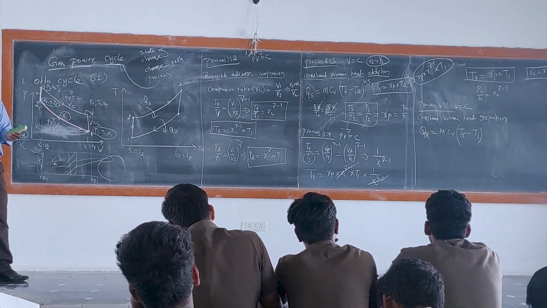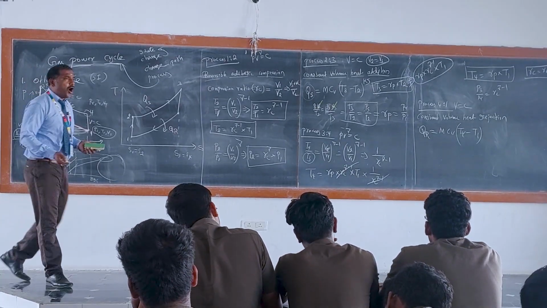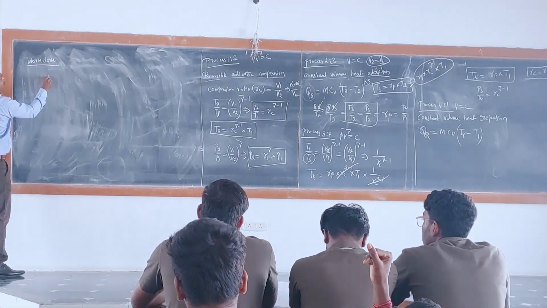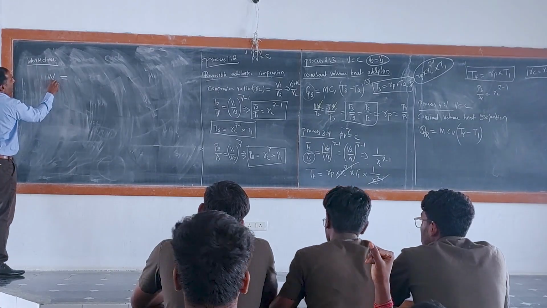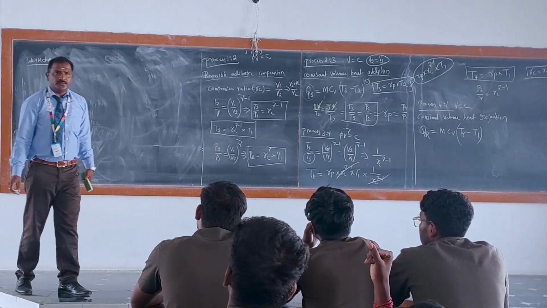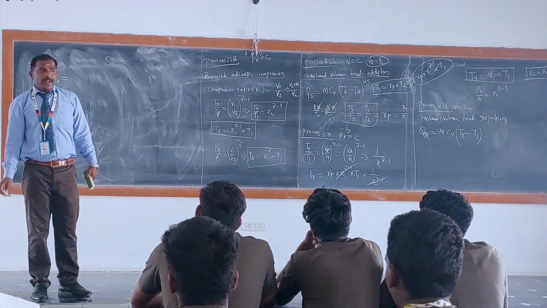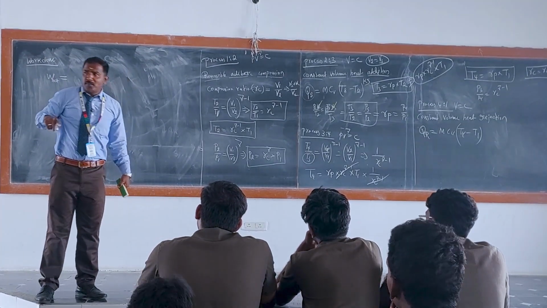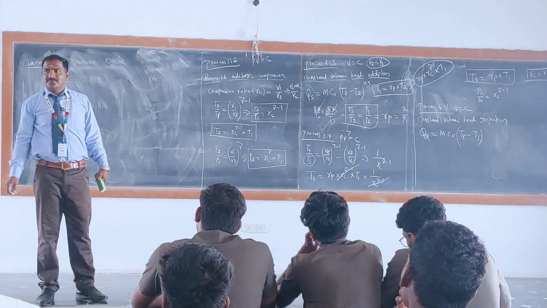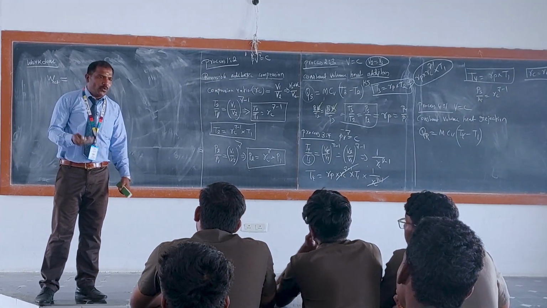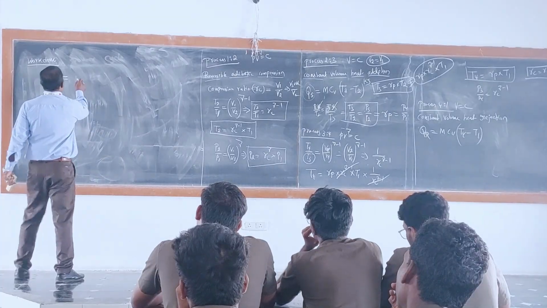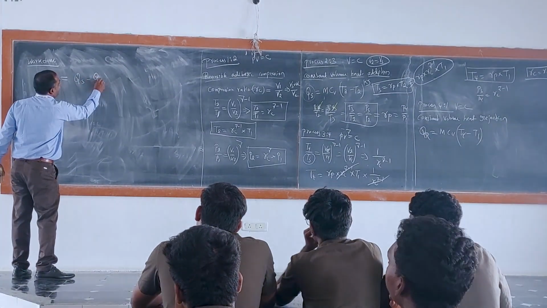Got it. Now we have to derive the efficiency relation. We need to know the effect of compression ratio on the Otto cycle. What is the work done by the system, W net? Do you remember the heat engine in the second law of thermodynamics? W is equal to what? You have forgotten everything: QS minus QR.